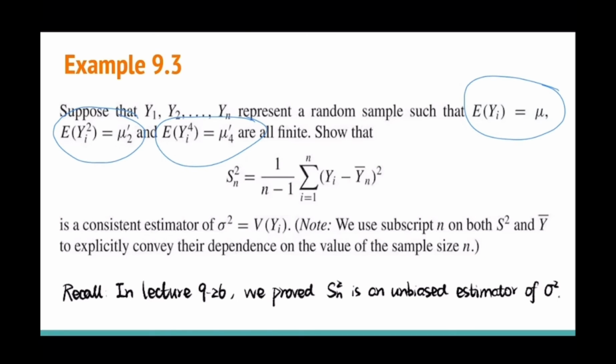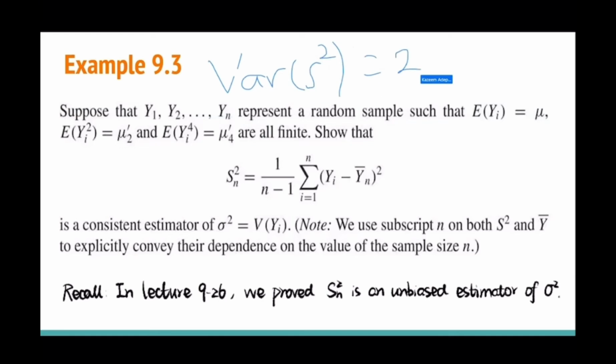Don't forget the expression we got for the variance of the sample variance was 2 sigma to the power 4, divided by n minus 1. And of course, when you look at sigma raised to power 4, we are going to need up to 4 moments.